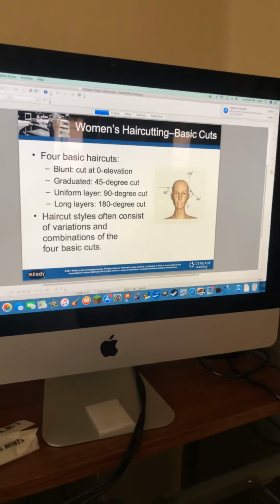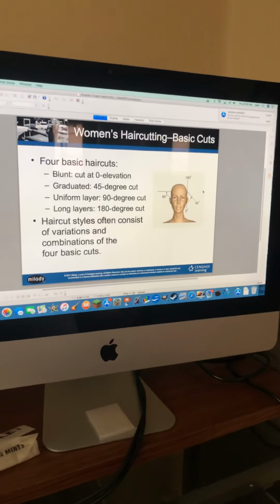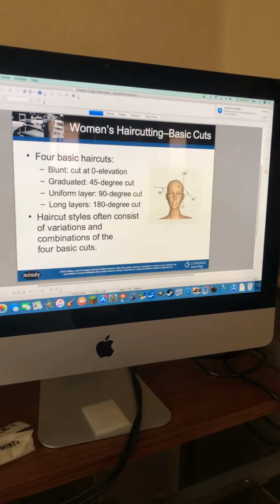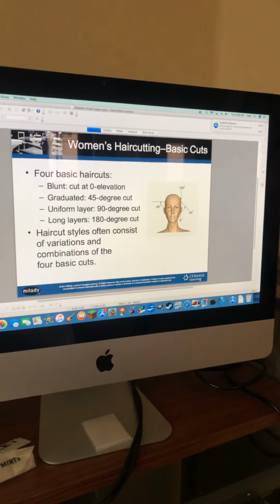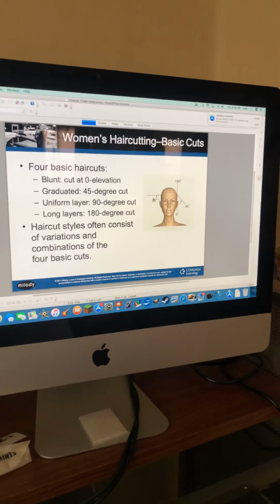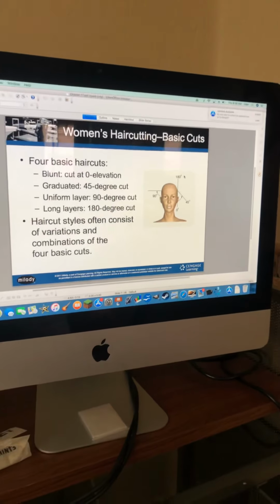Here's your 45. Your 90 would be if I was to come straight across over here. Here's your 90 right here, which is the same thing over here. I don't know why they put it on this side. It would just look better if it was over here, because then you can see 45, 90. So you'd be cutting the 90 out here, and then your 180.